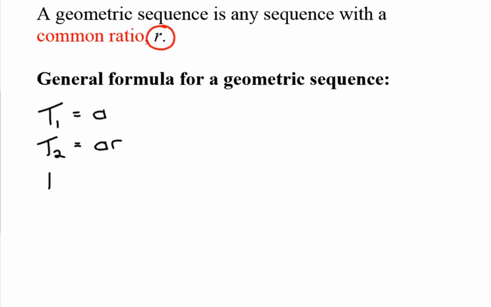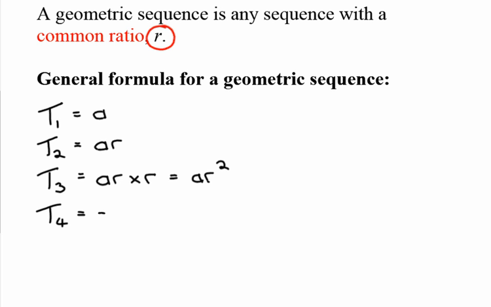Okay, cool. Let's look at our third term. Again, to get our third term, we need to multiply by our common ratio R. So that's AR, and if we multiply that by R, we get AR squared. Let's have a look at our fourth term and see if we can start to pick up a pattern.